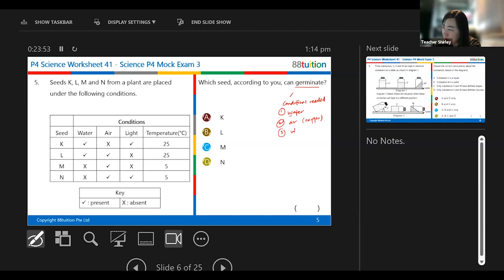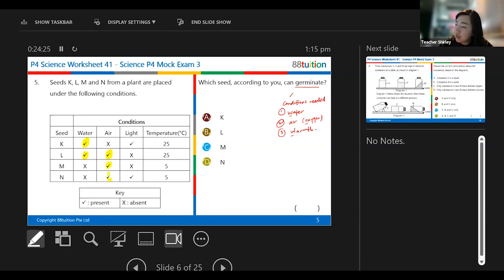Okay, I always say the wow lah, right? W-O-W. Okay, you need water, definitely, moisture. You need air, as in oxygen, for respiration. And you need warmth as well. So if you look at the conditions in the table, does it have water? We must have water, right? So only those that provide water will help it to germinate. Does it have air? We need air.